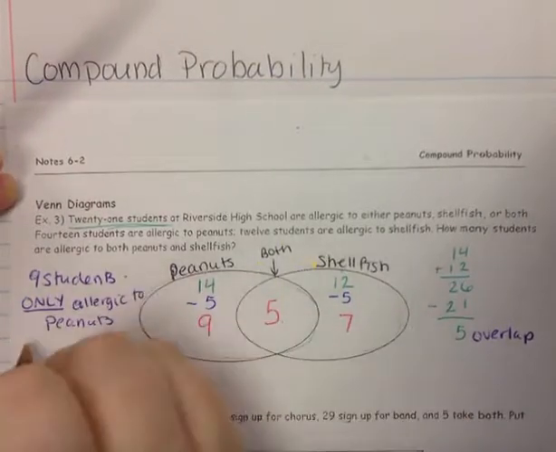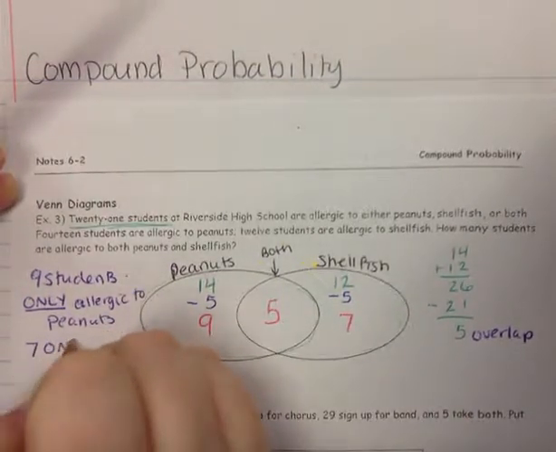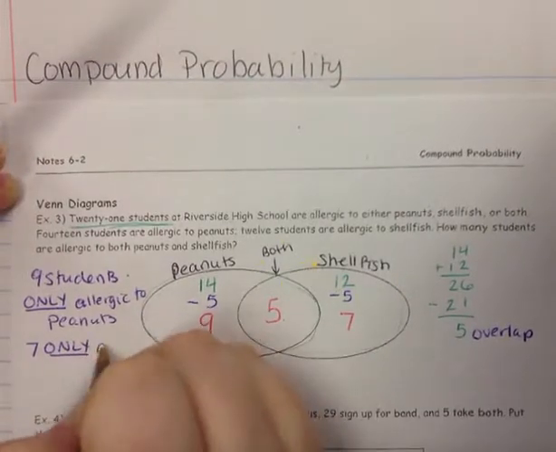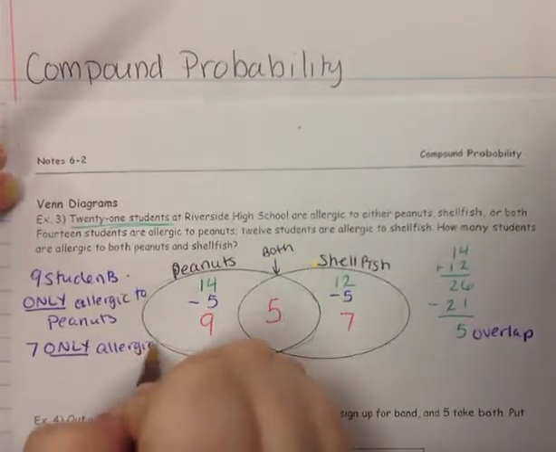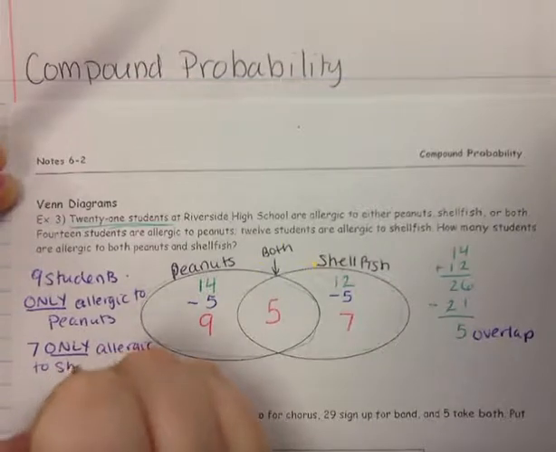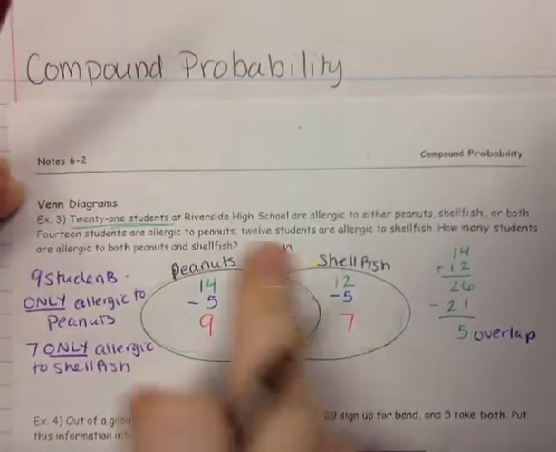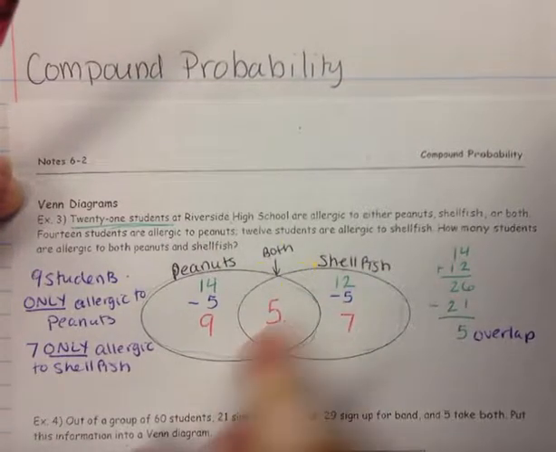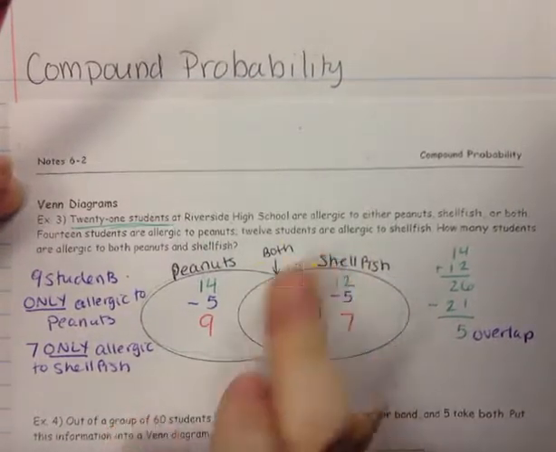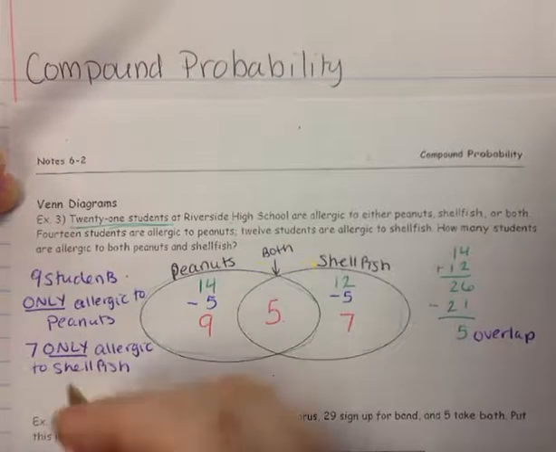There are 7 only allergic to shellfish. We have 14 that are allergic to peanuts, 12 that are allergic to shellfish, and then we have 5 that are allergic to both.